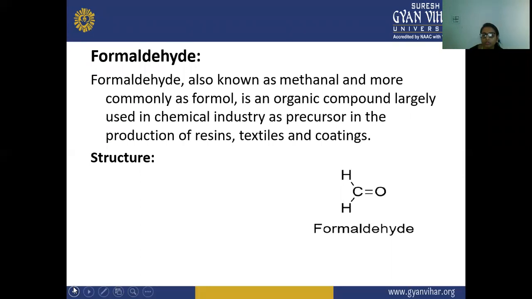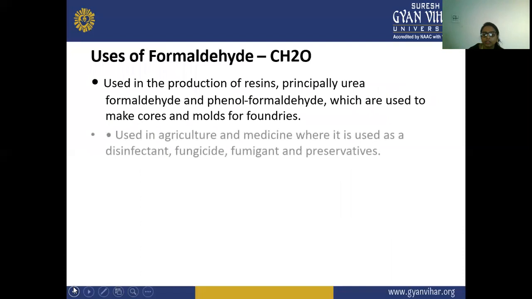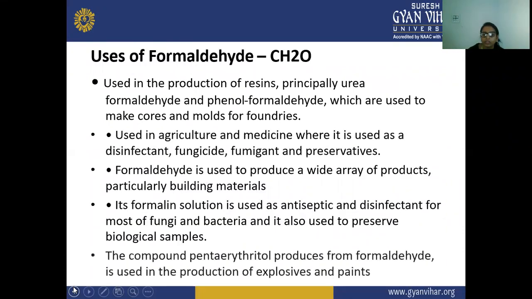So the structure of this formaldehyde is this. And now the uses of formaldehyde, that is CH2O. It is used in the production of resins, principally urea formaldehyde and phenol formaldehyde, which are used to make cores and molds for foundry.